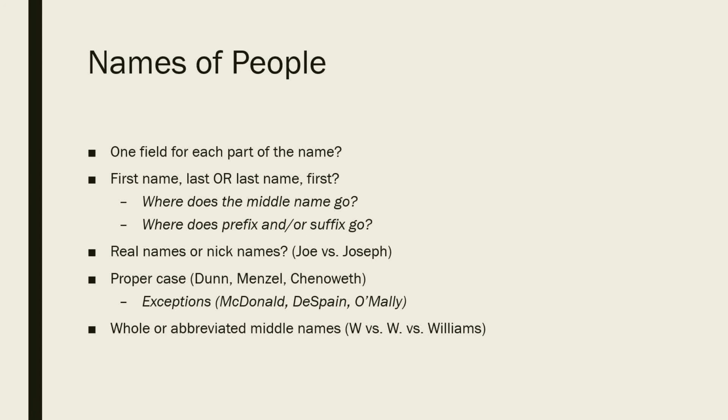Are you going to go off of their birth name or their nickname? What are you going to do about case? Here I've listed my last name as well as the last names of 2 Broadway actresses that were in Wicked. Our first letters of our last names are all capital, and the rest of our letters are lowercase.